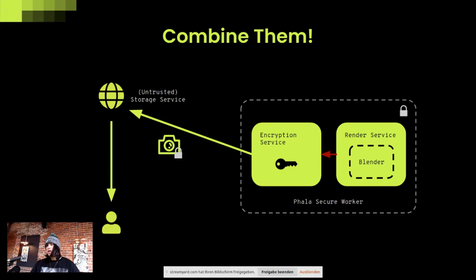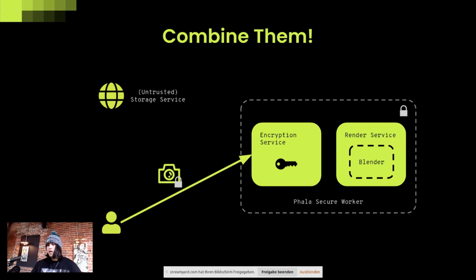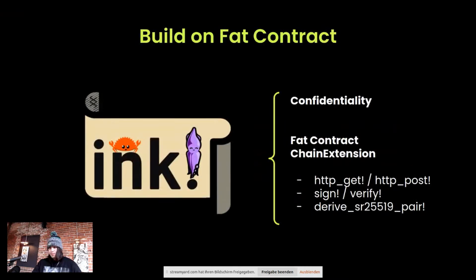Then the encryption service will return back the encrypted image to the untrusted storage service, which the client will receive. And whenever we send the encrypted image to the Phala secure worker, it's able to decrypt it and return the file image for us, decrypted.